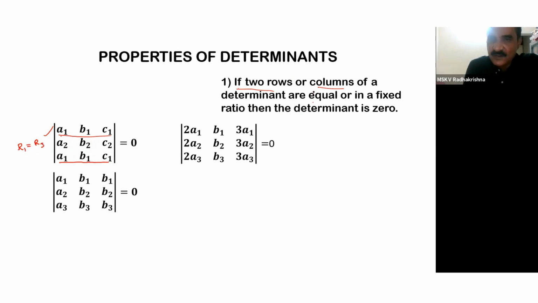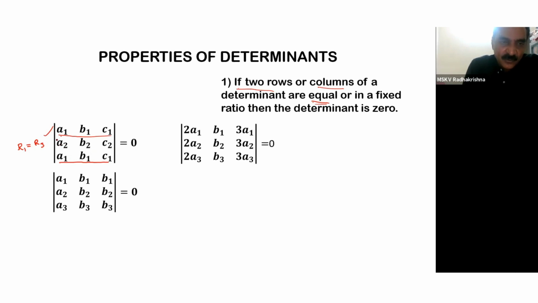If two rows are identical, means they are equal, then the determinant is 0. Okay. How can you say the determinant is 0 when two rows are equal? Let us discuss. Let us expand this determinant using second row.